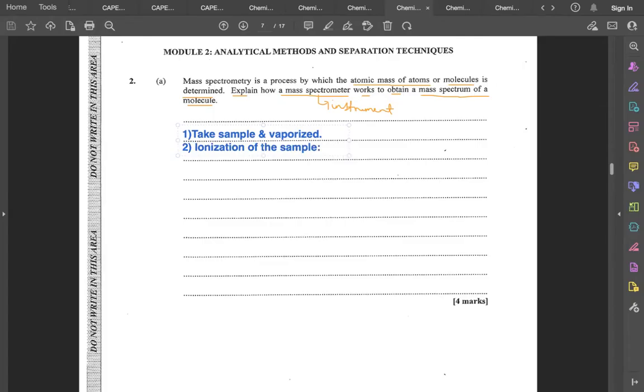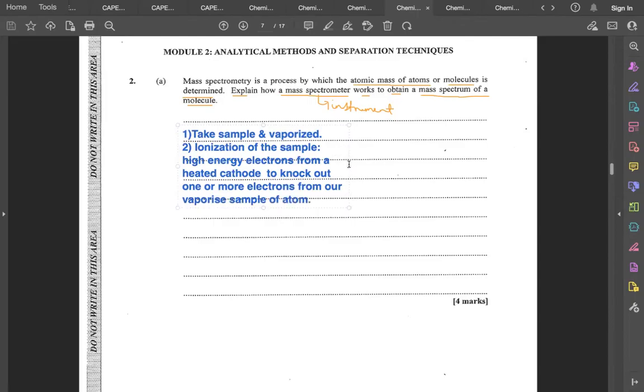The way that the mass spec machine does this is that it uses high energy electrons from what we call a heated cathode to knock out one or more electrons from our vaporized sample of atoms.